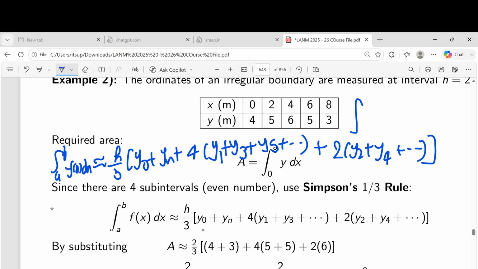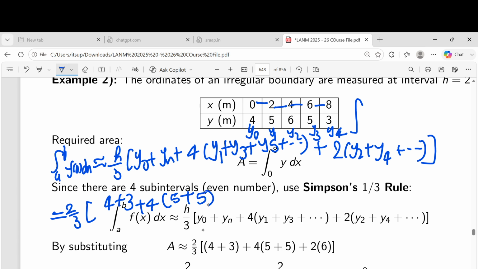So you just put these values. What is the value of h? The difference between these numbers is 2. So 2 by 3 times (4 plus 3 plus 4 times y1). This is y0, this is y1, this is y2, this is y3, this is y4. So y0 plus y4 is 4 plus 3, 4 times y1 is 5 plus y3 is 5, plus 2 times y2, y2 is 6.